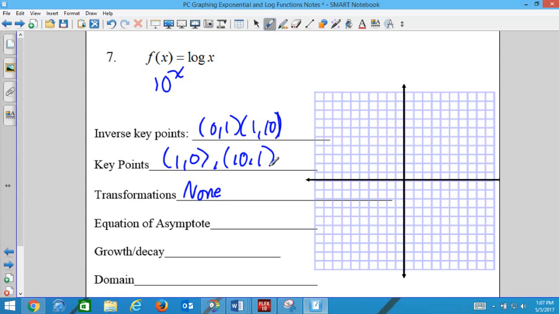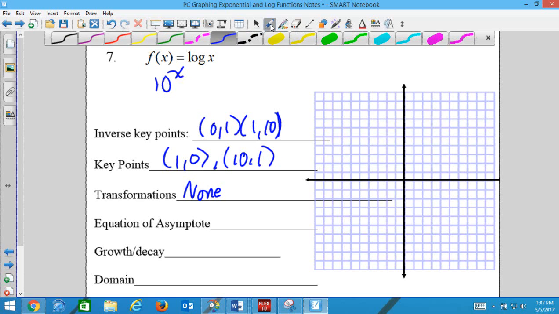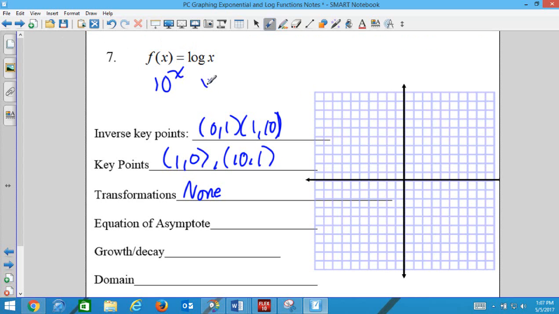If the asymptote for the inverse is y equals 0, then for the log, it's going to be what? x equals 0. When we go over and we graph x equals 0, that is a vertical line. And we graph (1, 0) and (10, 1).